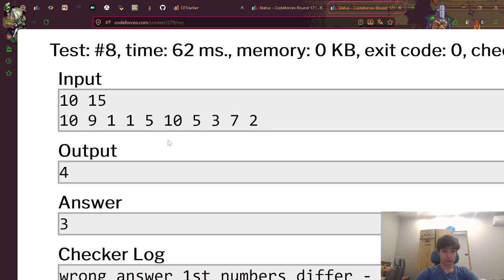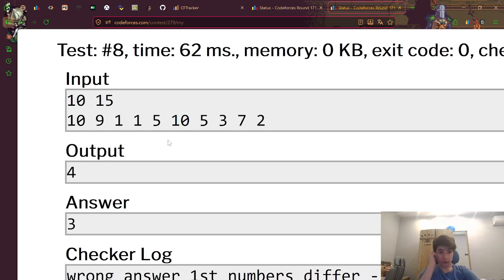15. So the best one is going to be. Yeah, we could get there. Also there.